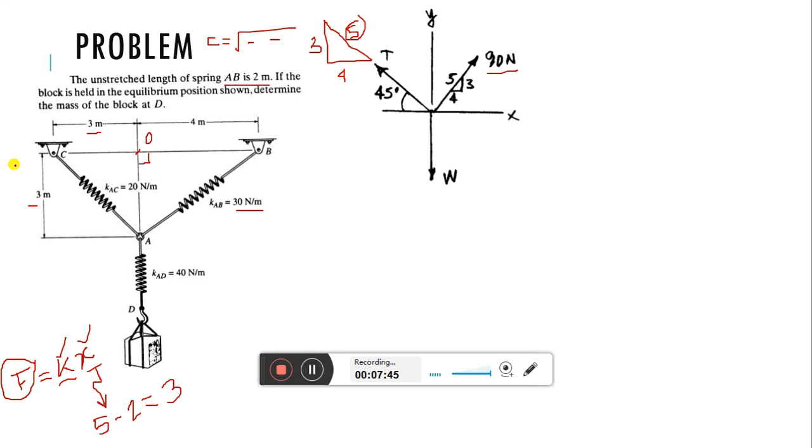And number 3, weight, this is already known. So from this information, can we find out the mass m? Obviously we can find out, we can apply Lami's theorem. So what is Lami's theorem? I think you have already studied, but let us once again see it. That will not be a very bad idea.